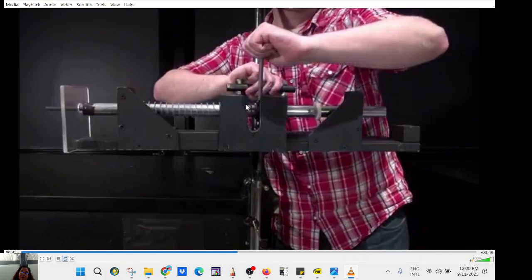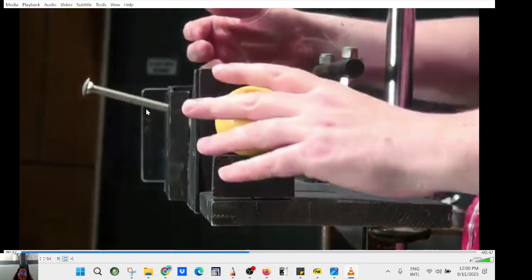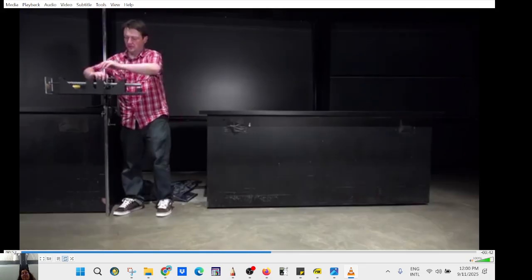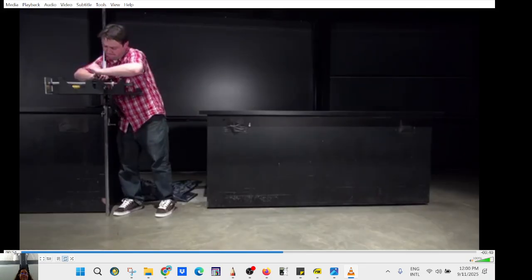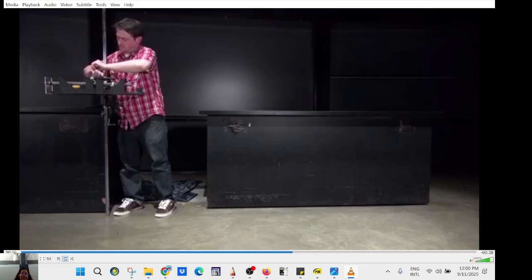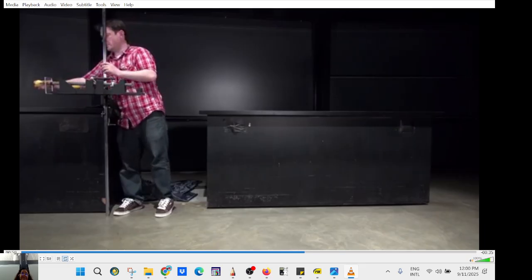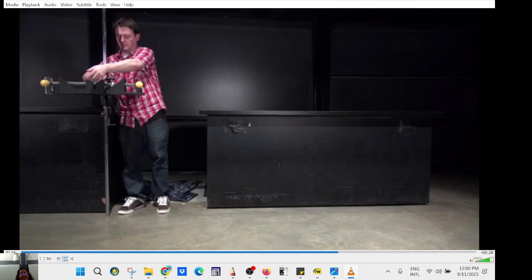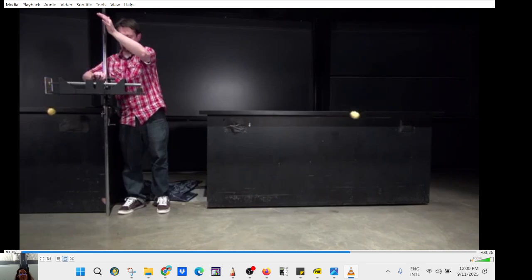No, this one is the opposite. It just drops, and this one you have some horizontal. The one with the spring, you have a horizontal velocity. So horizontal velocity, drop, or the opposite.